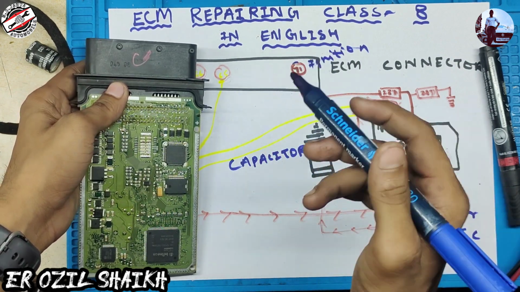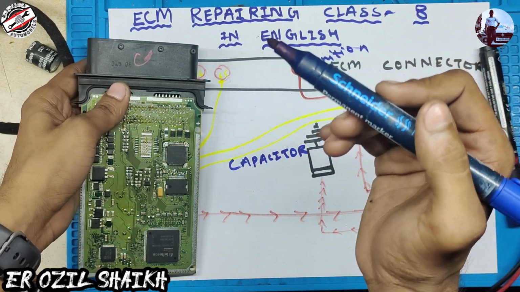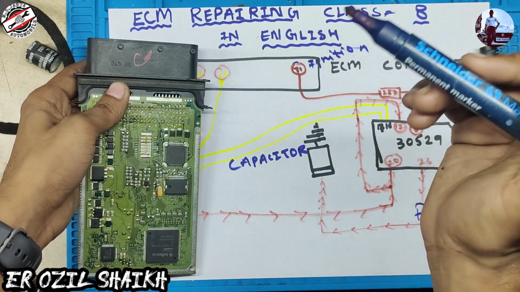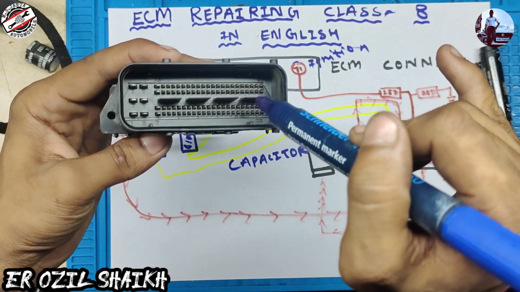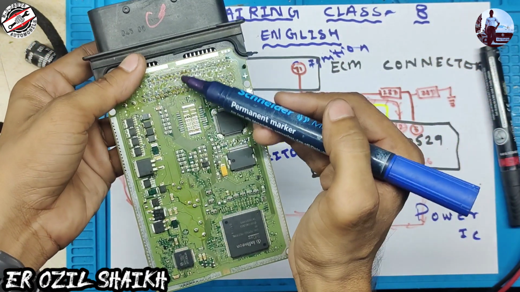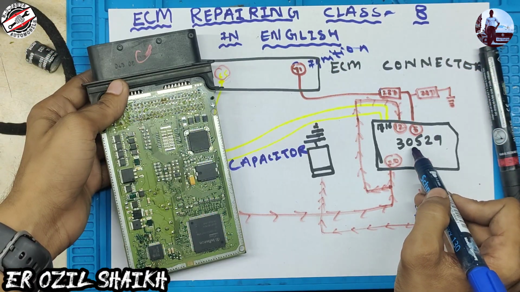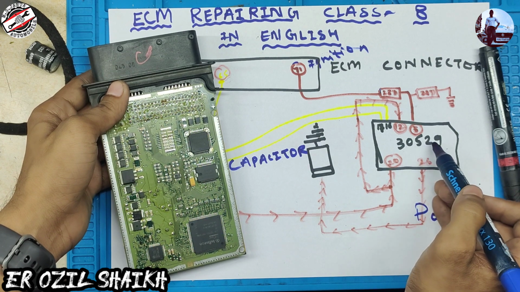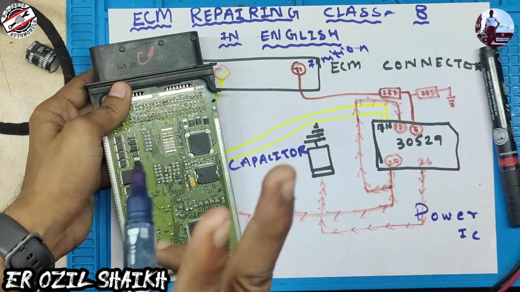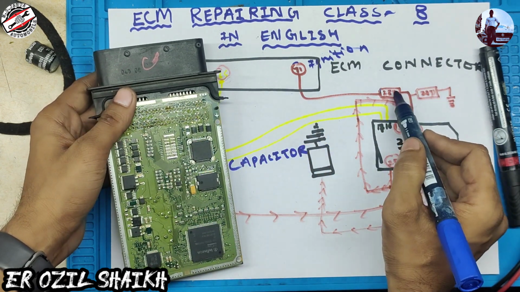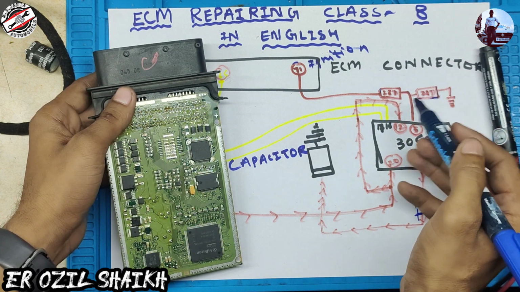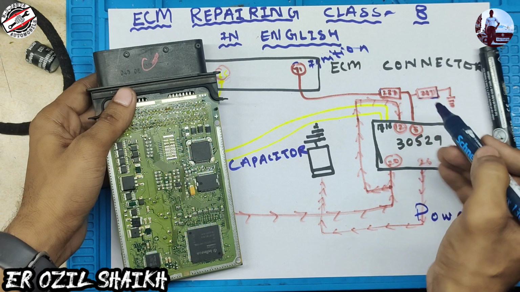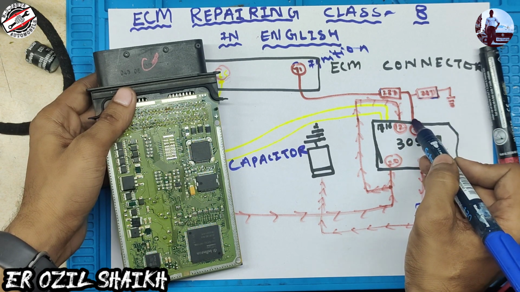When we turn on the ignition, at that time 12 volts come through the ignition switch to this pin number 71, and also go to this IC 30529 through two resistances. One resistance connects to the ground and another resistance goes to our IC.